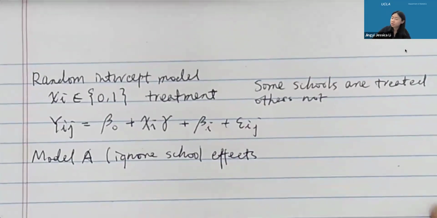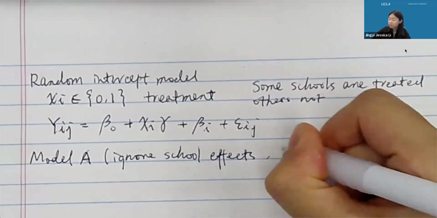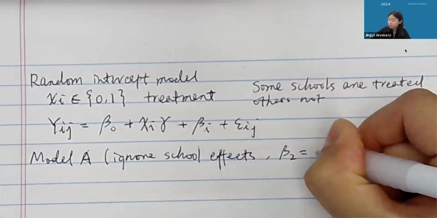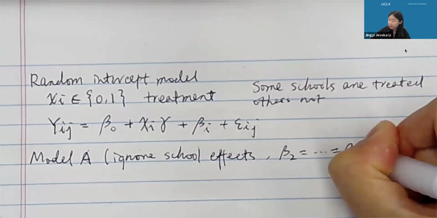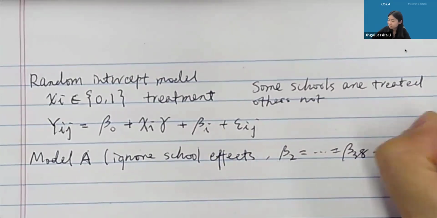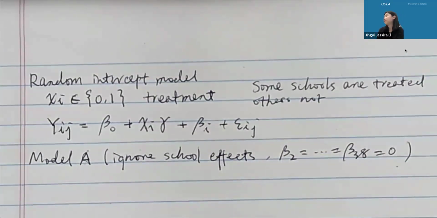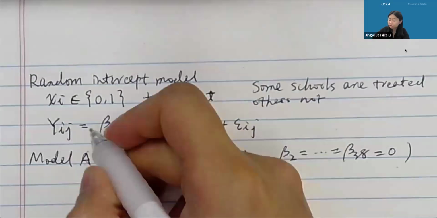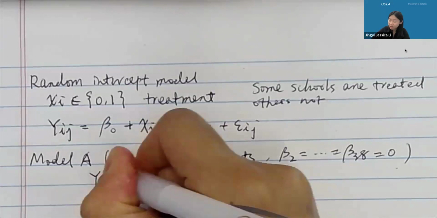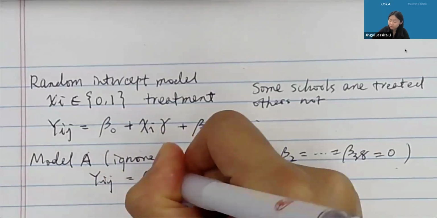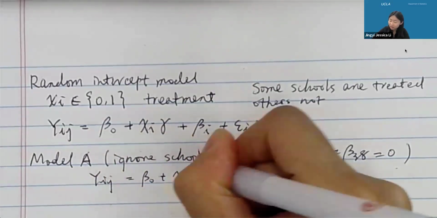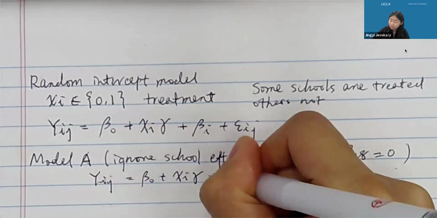Under this strong assumption, we set beta 2 to beta 38 to be all zeros. Okay, so they are ignored. Then in this case, the model is reduced to yij equals beta 0 plus xi gamma plus epsilon ij.